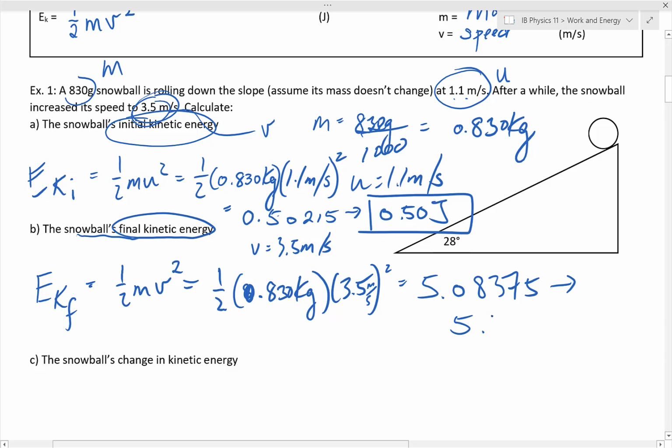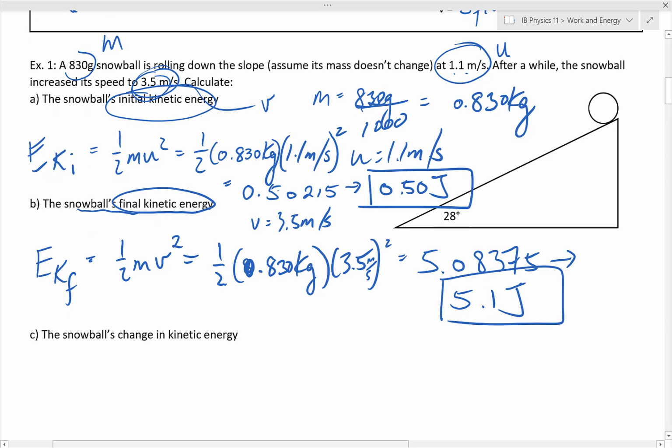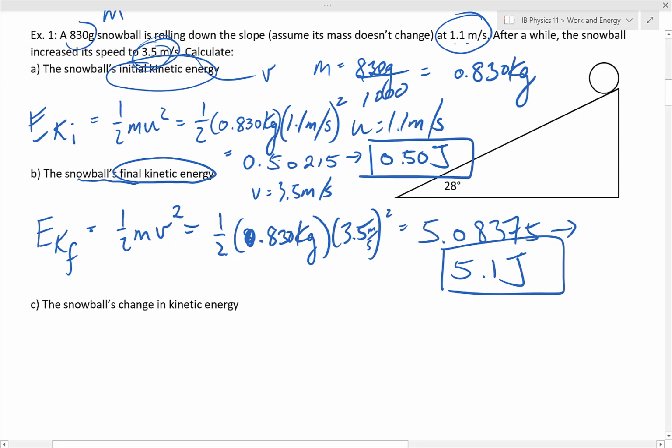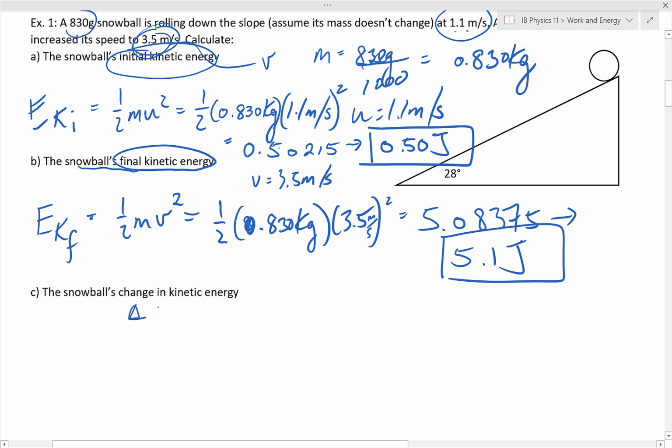Rounding to 2 sig figs, we get 5.1. Not bad, eh? Now, the snowball's change in kinetic energy. So whenever you see the word change, you might think of the sign delta, and what change means is that property's final state minus its initial state.